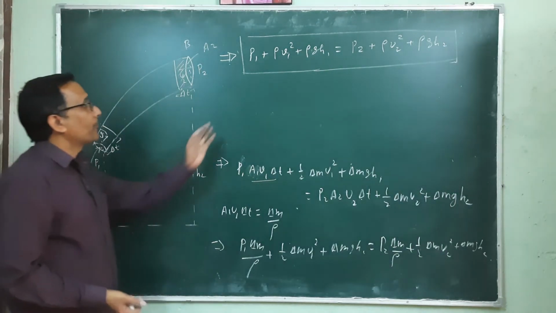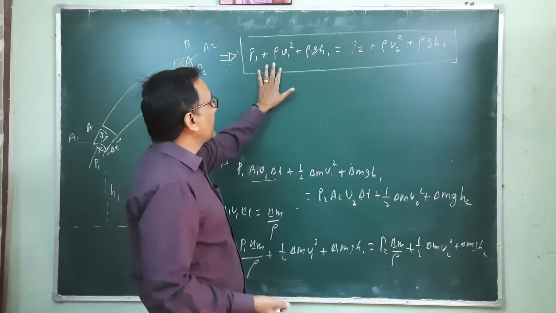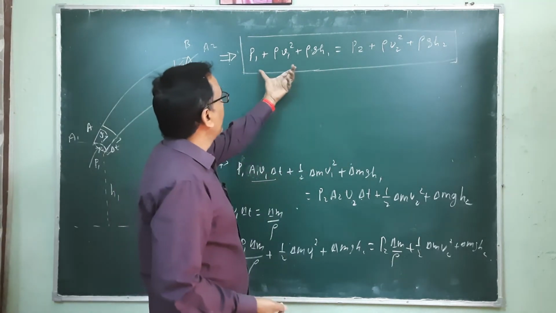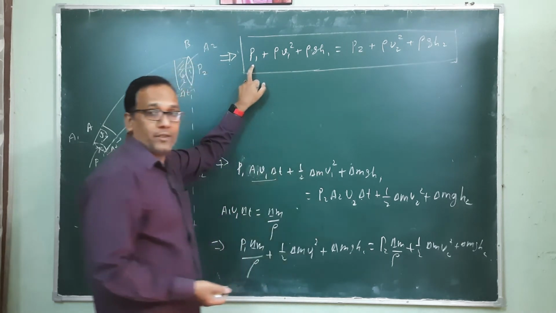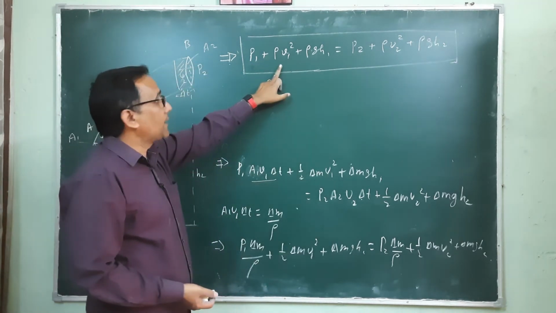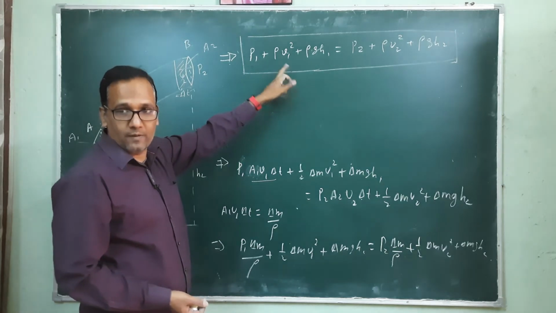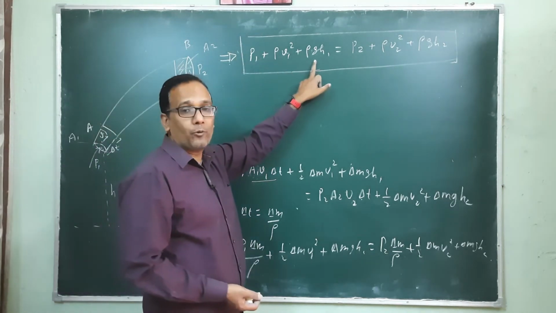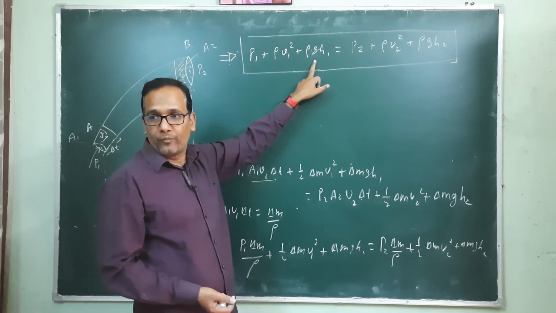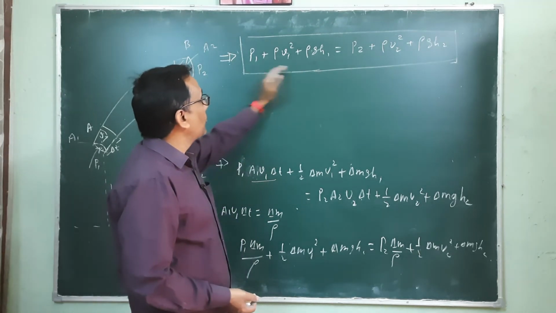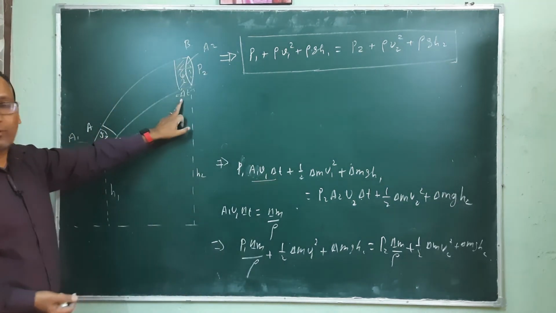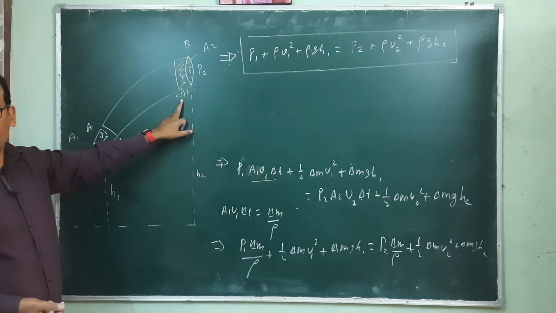Okay, so these are the terms left on the left hand side and the right hand side. The sum of these is the pressure energy per unit volume, the kinetic energy per unit volume, and the potential energy per unit volume. So the total energy at one end is identical to the total energy at the second end.